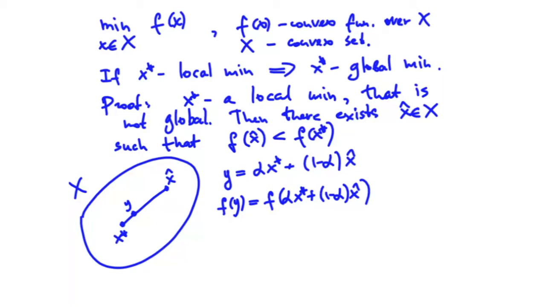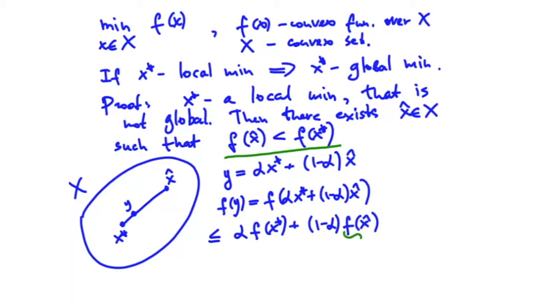Now we can apply the definition of convexity, right? Because the function f is convex, f of alpha x star plus 1 minus alpha x hat must be less than or equal to alpha f of x star plus 1 minus alpha f of x hat. And then remember we assumed that f of x hat is in fact less than f of x star.